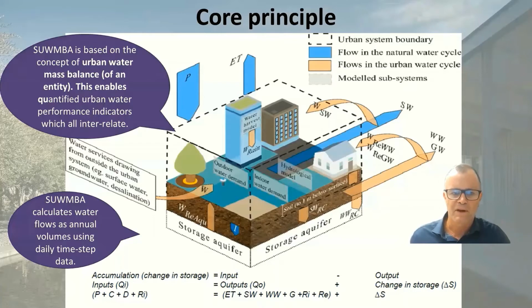You can see from the equation below that it looks at all inputs: precipitation, centralised water flows, decentralised water flows, recycling internally, and all outputs: evapotranspiration, stormwater runoff, wastewater flows, inflow to groundwater, and reuse, and uses that to compare the change in storage within that urban water entity.